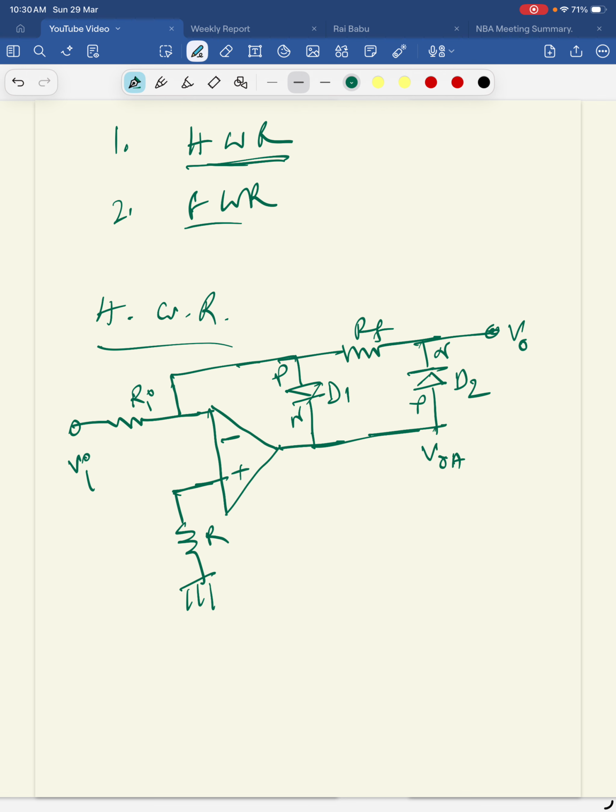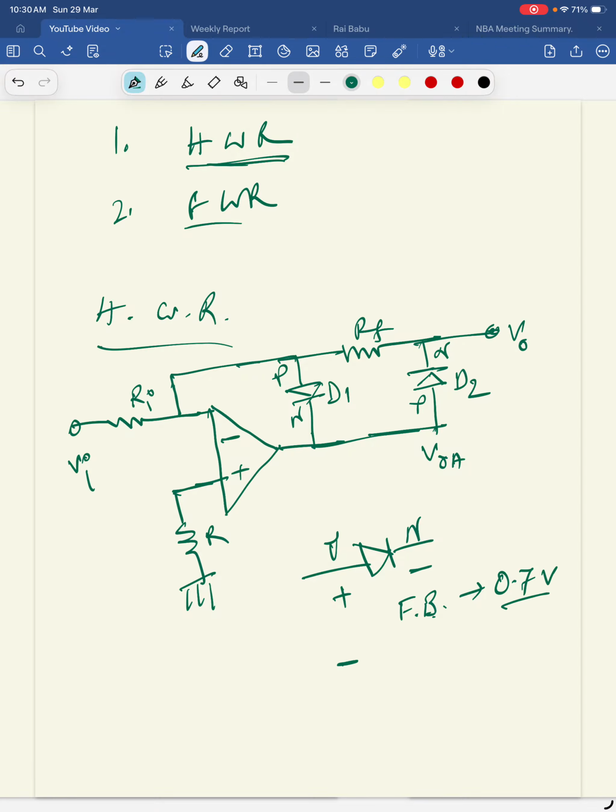Now we have to understand when diode D1 is on and when diode D2 is off. As I mention every time, suppose this is a diode, this is P type and this is N type. If the P side gets positive potential and the N side gets negative potential, that is called forward bias. Then the diode is on and gives you 0.7 volt across it.